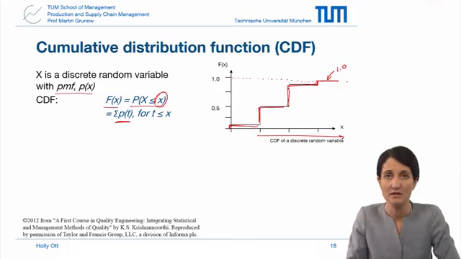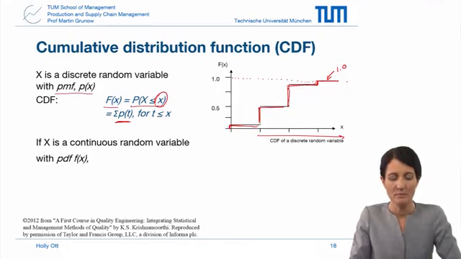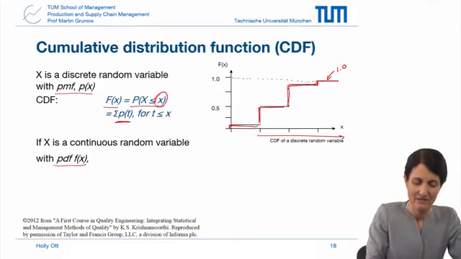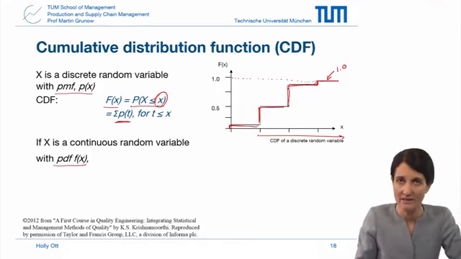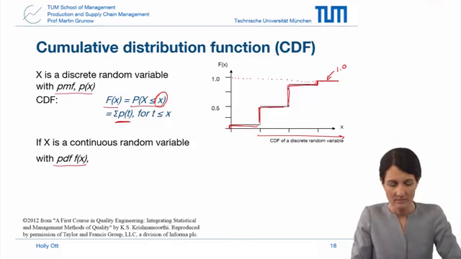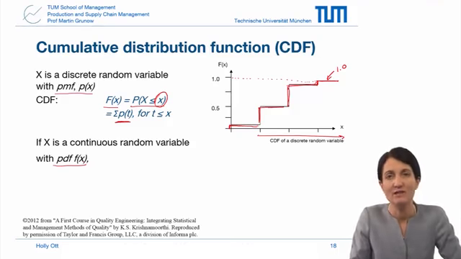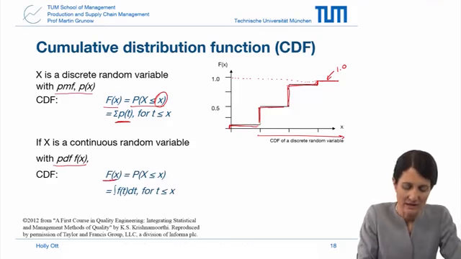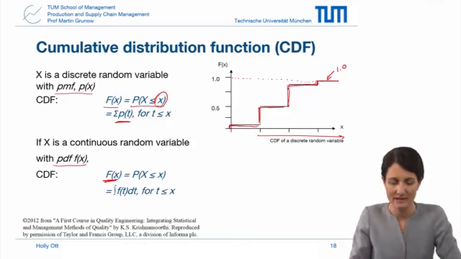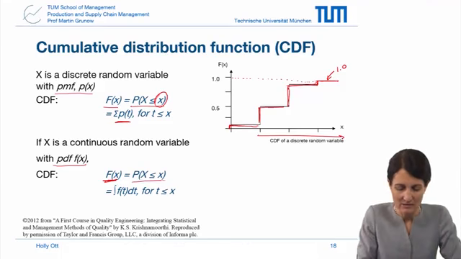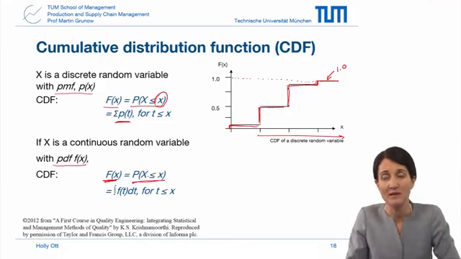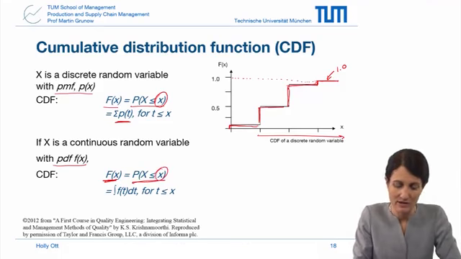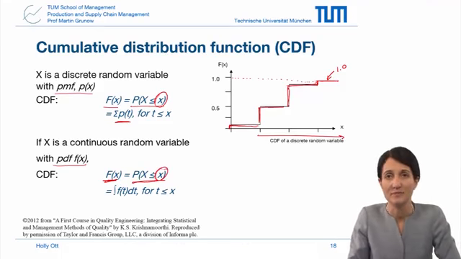Now for a continuous random variable with a PDF, this time called f of x, then for our cumulative distribution function, our CDF, we still use the symbol big F of x. And we still know that this equals the probability that our random variable x is less than or equal to some specific value.